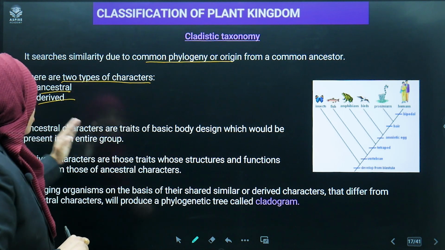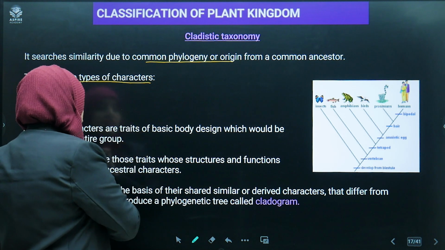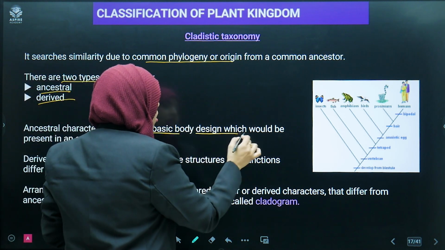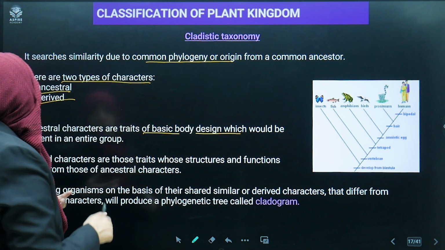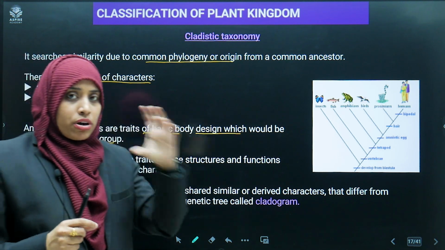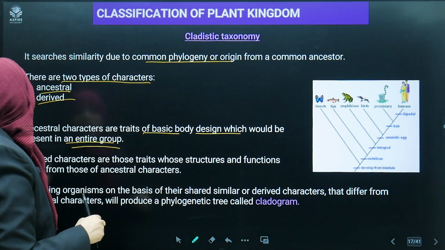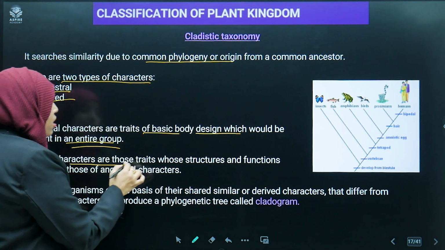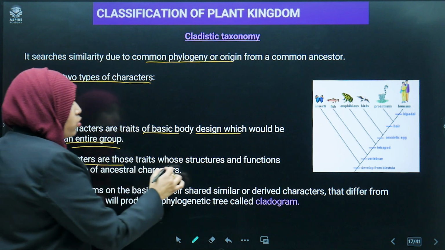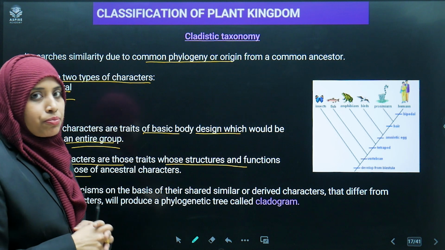Ancestral characters or traits are the basic body design which would be present in the entire organism. So the ancestral characters will be present in the entire organism, and derived characters are those traits whose structures and functions differ from those of the ancestral.